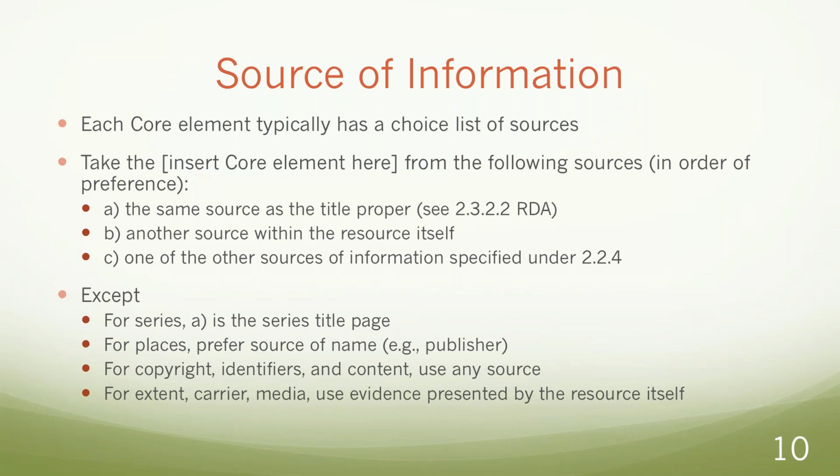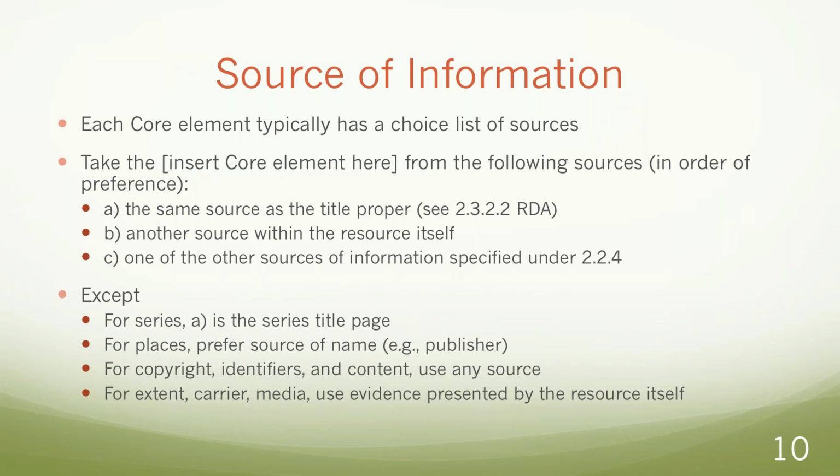The exceptions to the source of the title proper being the source of your other elements are for the series title. You want to take that from the series title page first, if that is an option. Otherwise, it goes in that same order of the list above. For places of publication, you want to prefer the same source as the name of the publisher.